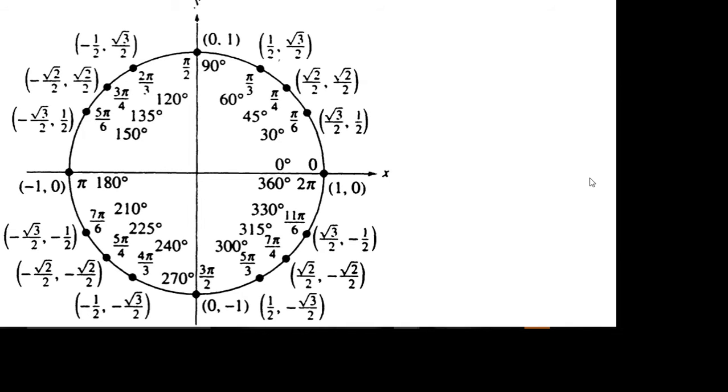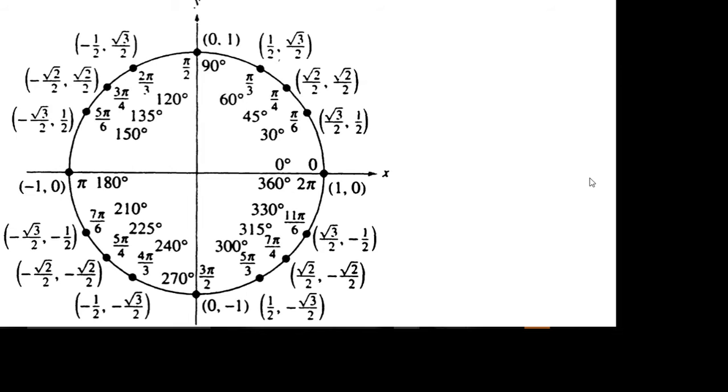Look at pi over 3. What two numbers do you see there? 1/2 and square root of 3/2. Okay, look at 2 pi over 3. What two numbers do you see there? -1/2 and root 3/2. So what is the only thing that changed from pi over 3 to 2 pi over 3? The negative, or the sign.